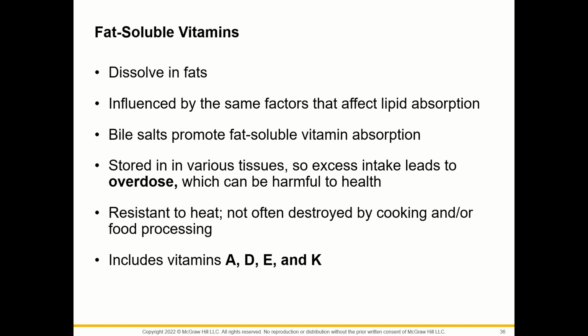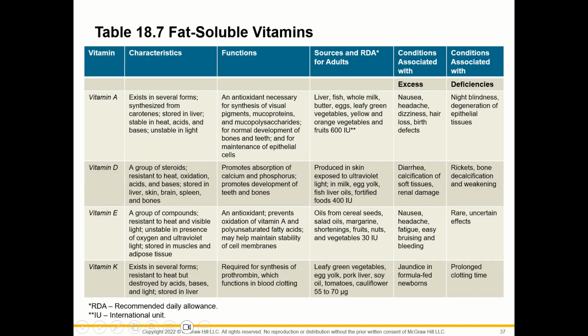And these include vitamins A, D, E, and K. And that's good about vitamin E because, as I mentioned earlier, nuts are a good source of vitamin E, and so nut oils like sunflower oil are resistant to being destroyed. Table 18.7 summarizes the fat-soluble vitamins, and I'll let you look at that for your review.